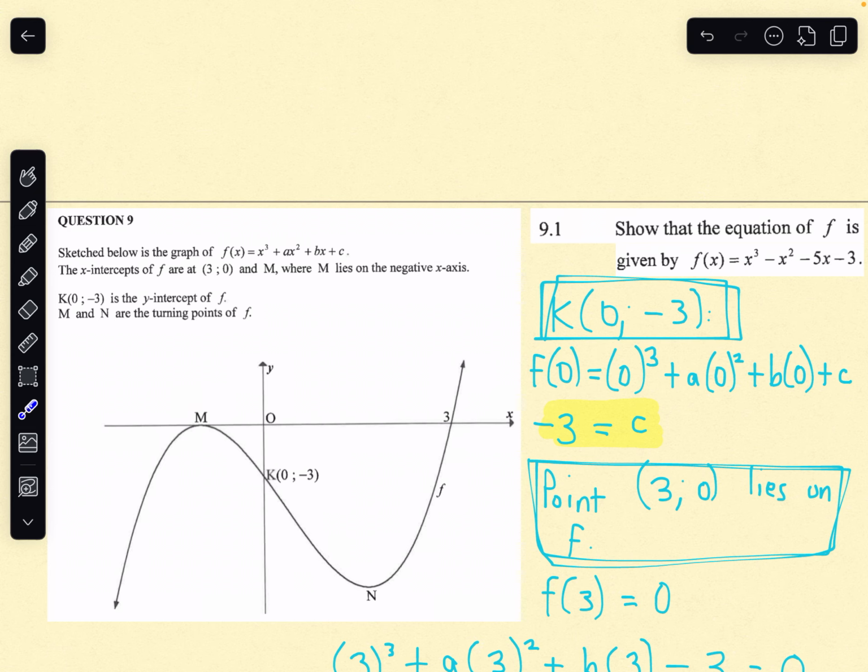This one is going to be x minus 3 times x plus something times x plus something, because this x-intercept has eaten 2 x-intercepts into one. Why wouldn't it be x minus 3 times x minus 3 times something? Why can't that also be a thing? I don't know.